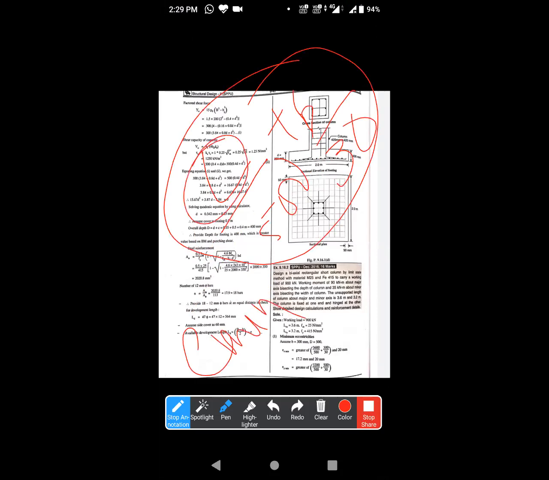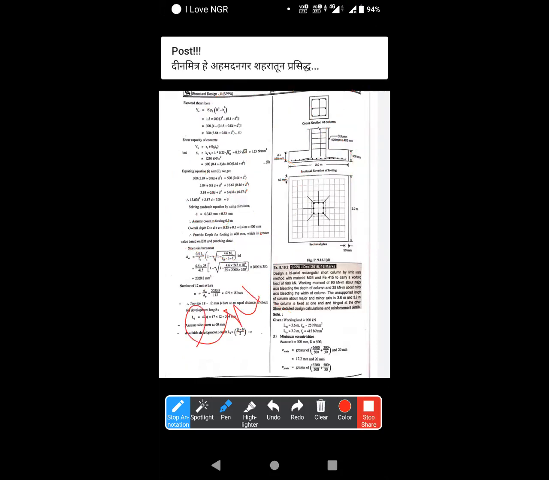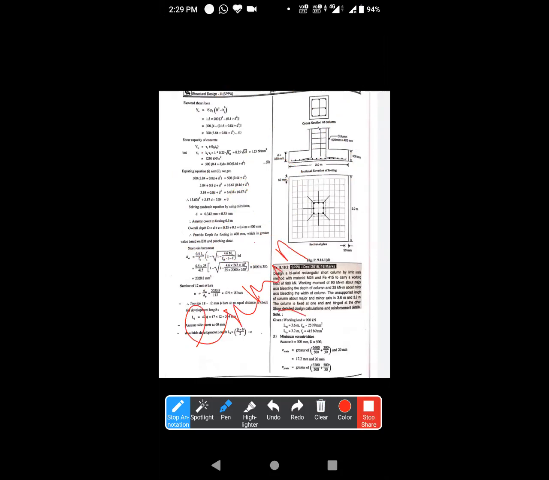L is nothing but the effective length. Therefore, for ex minimum you have to put the value of lex, that is 3600, and for ey you have to put the value of ley, that is 3200 upon 500 plus 500 upon 300.